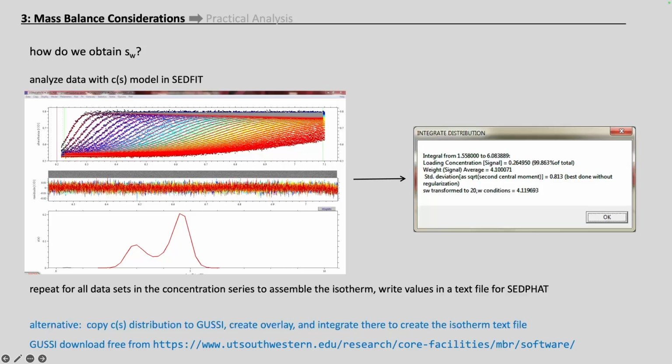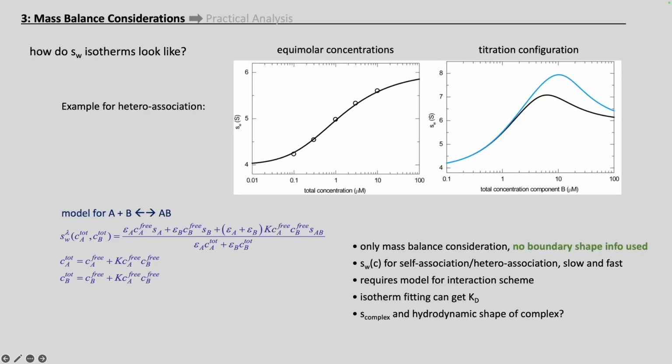Alternatively, once we have the CFS fit in ZFit, we can copy it over to Gussie, which is a very convenient utility program from Chad Braudigan. It can be used to create CFS overlays, make publication quality graphics, and carry out integration and creation of isotherm files for ZFAT. Here is how these isotherms of SW values as a function of concentration might look, for example for heteroassociations.